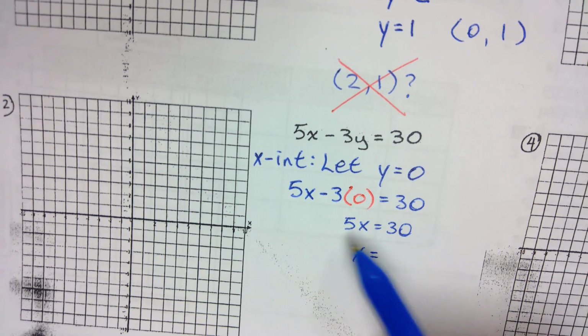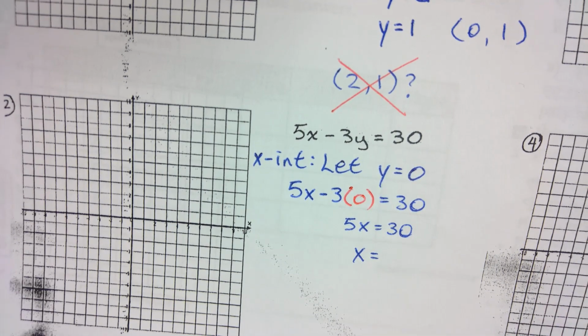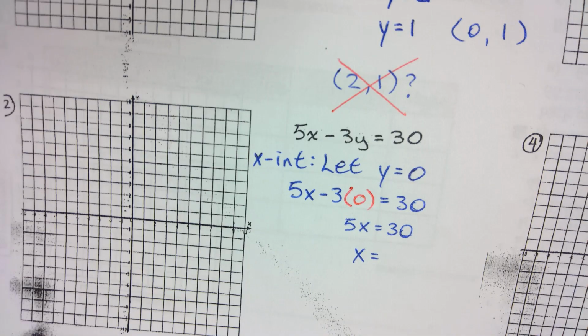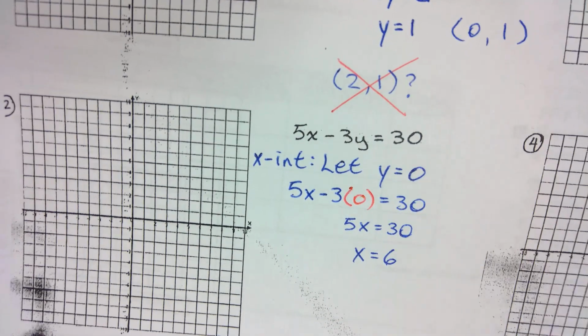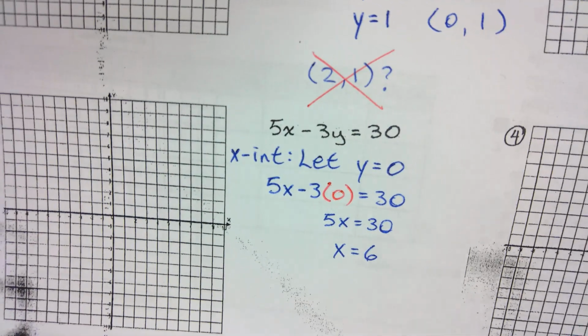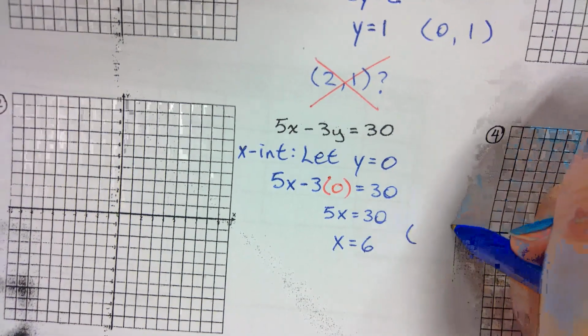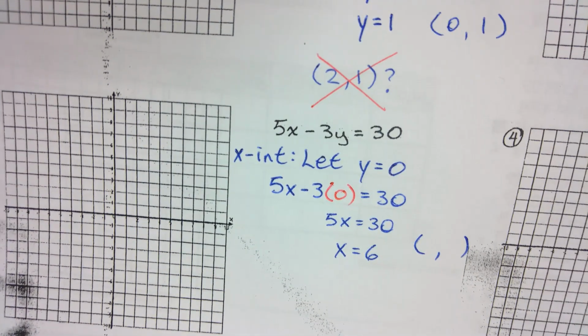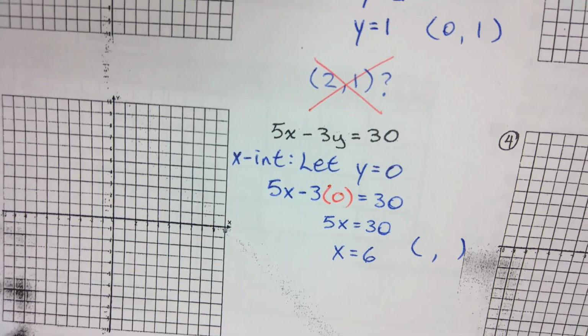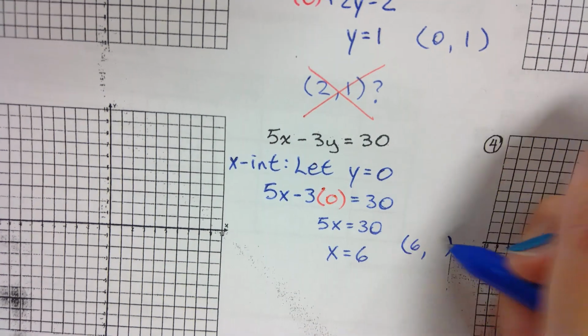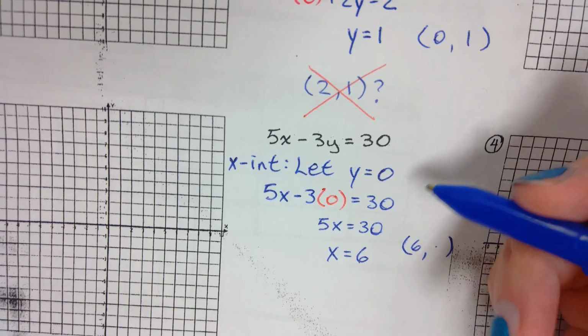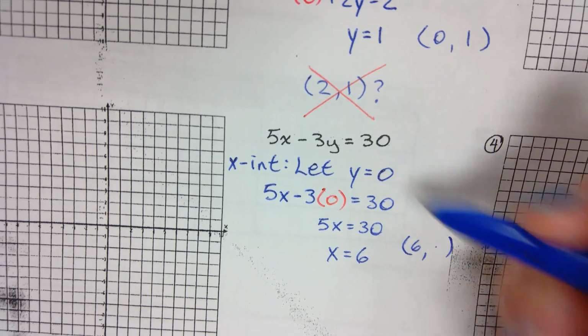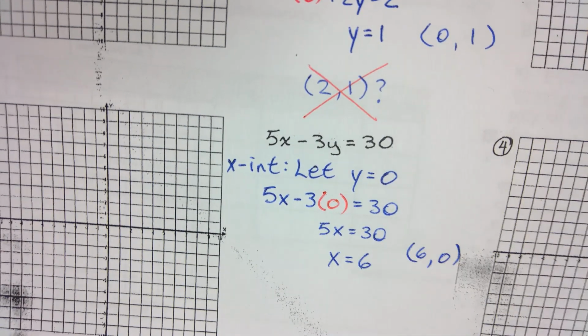What is 30 divided by 5? 6, right? Okay, so what's my coordinate here then? And what do we say y is? 0, so 6, 0. Okay.